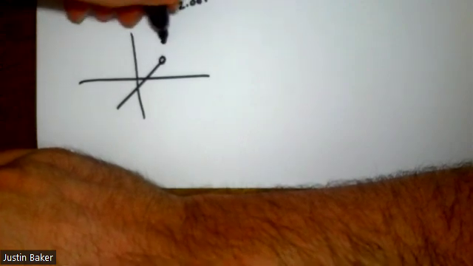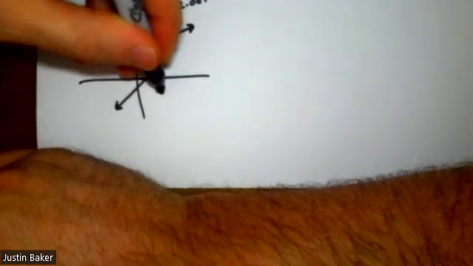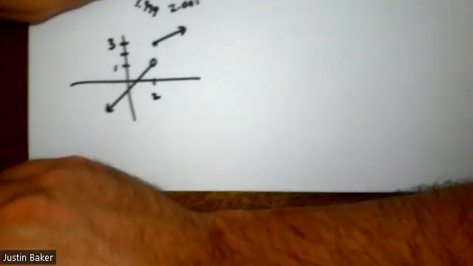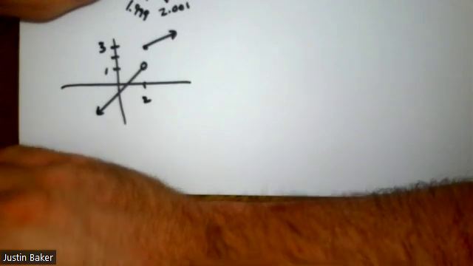Okay, next, what if we looked at something that looked like this? We're going to draw a graph. We'll call that 2. We'll call that 1. Let's call that 3. So something like that. This opens us up to some different questions.